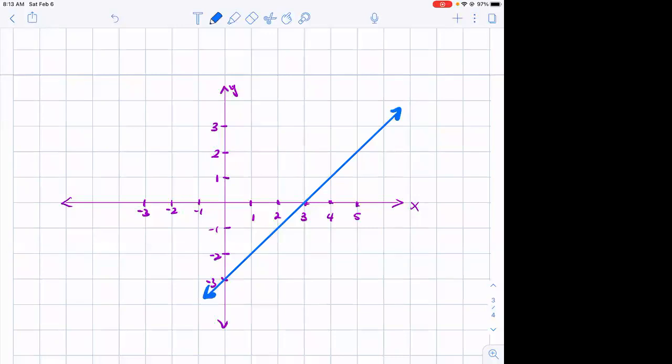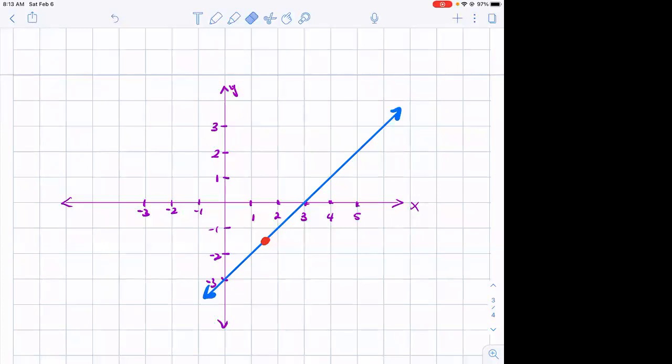So what you want to do is find 2 points on the line where you can clearly see the location. For example, I wouldn't pick this point here because that point is maybe 1.5 comma negative 1.5. So I wouldn't pick this. I want to pick 2 points that are clearly visible.